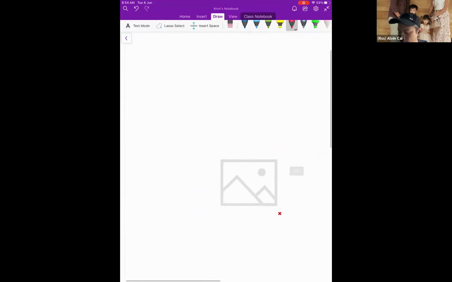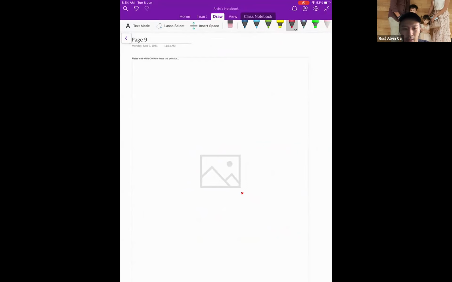Okay, so it's loading. This question has some diagram that is not able to load. Let me take a look at the original question.